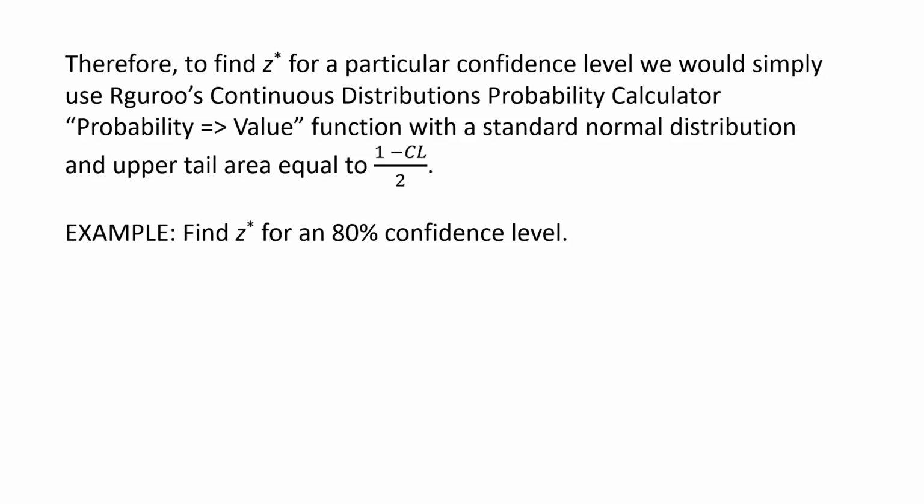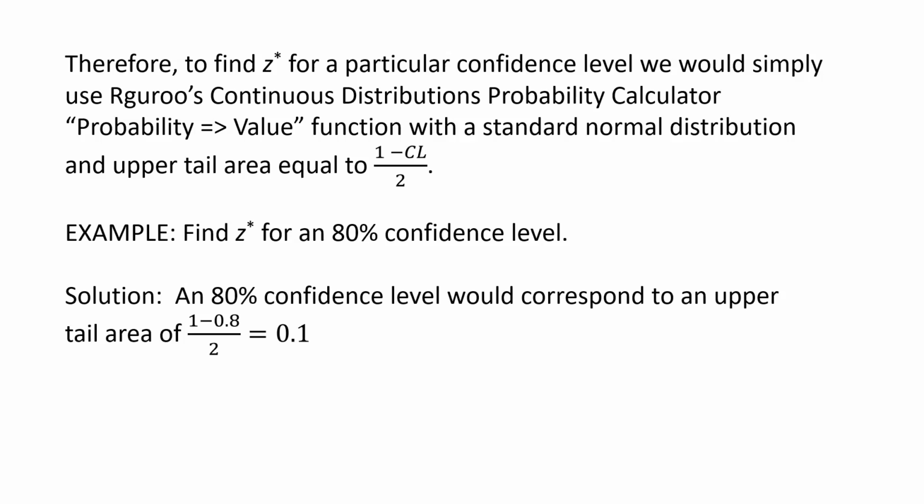Let's look at an example of finding z asterisk for an 80% confidence level. First we calculate the upper tail area: an 80% confidence level corresponds to an upper tail area of 1 minus 8/10, all divided by 2, which equals 1/10.